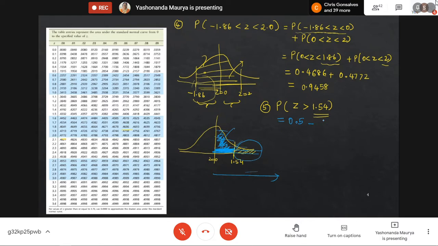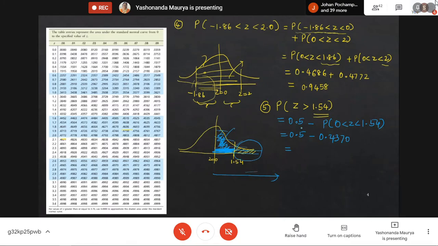This is the area that Z lies between 0 and 1.54. Okay, so this 1.54 we can get from the table: 1.54, 0.4370. I'll subtract it to get the required.